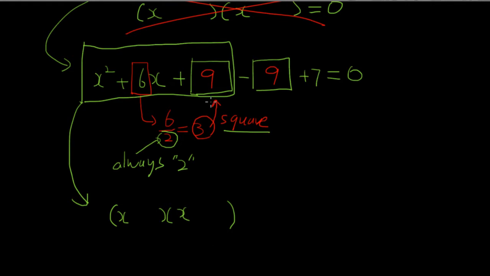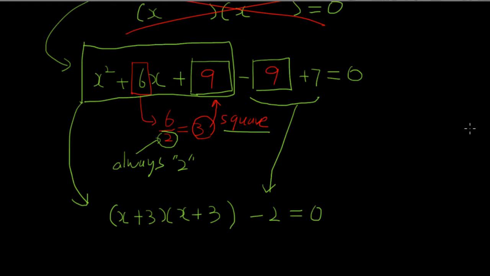What would be the two number combination that multiplies to be 9 and adds to be 6? Well, think about it. What would be the two numbers that I'm going to put here and here? Multiplied to be 9, added to be 6. Well, they are 3 and 3, both 3. Yes. And now, what about these two? 9 minus 9 plus 7. What is it? That's a positive 7, so minus 2 equals 0.